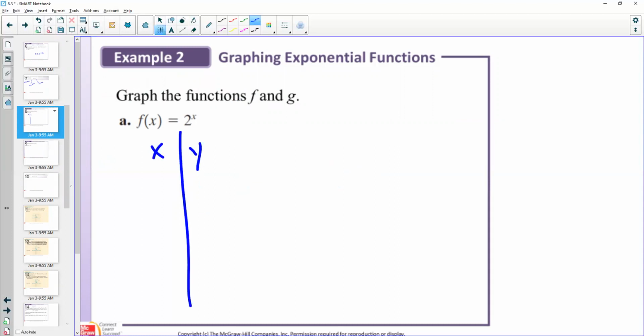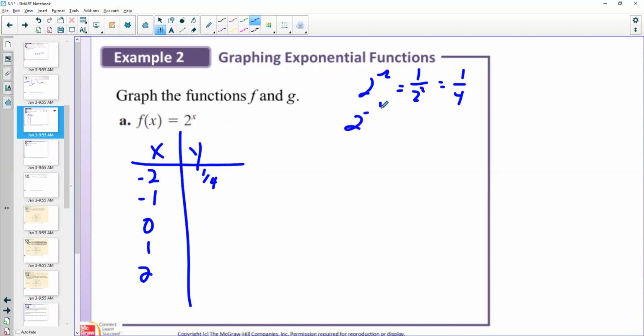So let's make our little xy chart. 2 to the negative 2 would mean flip: it would be 1 over 2 squared, which is 1/4. 2 to the negative 1 would be 1/2, right? Anything to the 0 power is 1 every single time, okay? 2 to the first is 2, and 2 to the second power is 4. So we have our little chart.